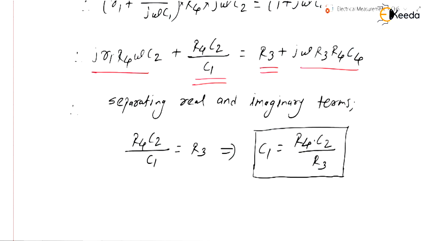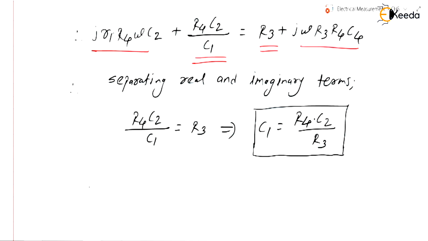Next, equating the imaginary terms, j omega R1 R4 C2 is equal to j omega R3 R4 C4.